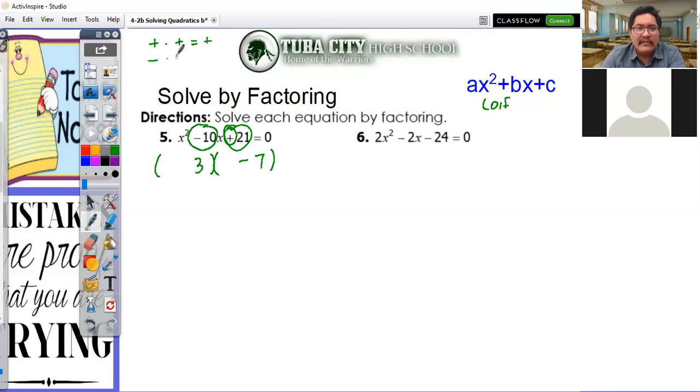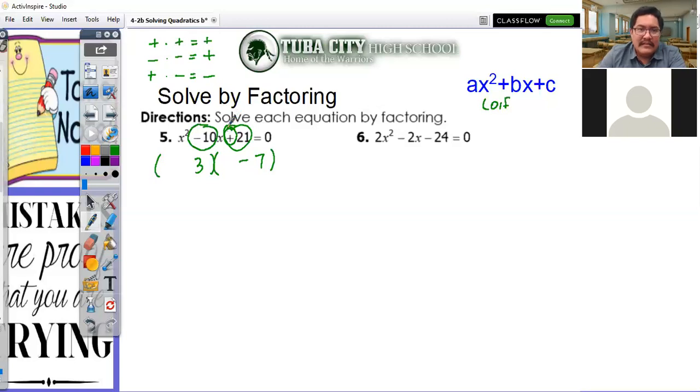A negative times a negative is also positive. Like if I had negative 5 times negative 2, it would be positive 10. The only way to get a negative number is if I had 1 positive and 1 negative. Now it could be the first or the second one, doesn't really matter, but just remember that 1 positive, 1 negative will make a negative number.